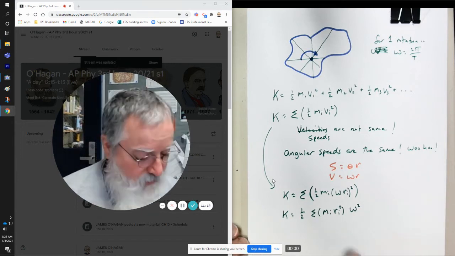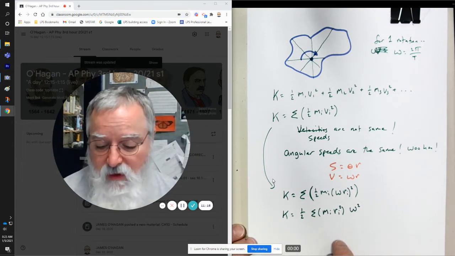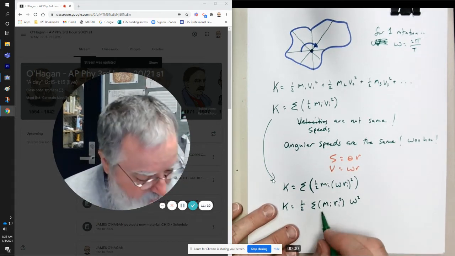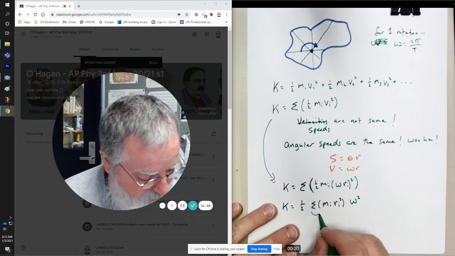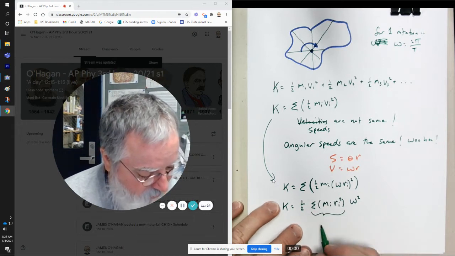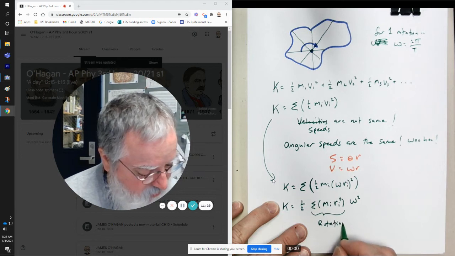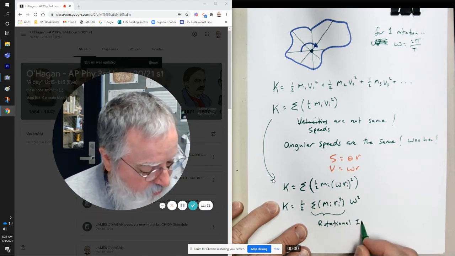This is looking very much like our kinetic energy equation. The only thing is that this chunk right here is something called rotational inertia.